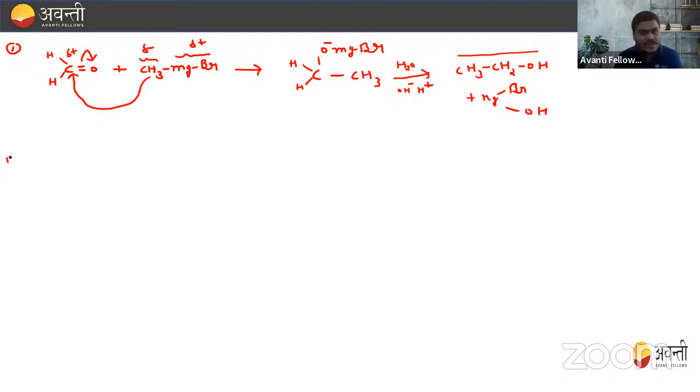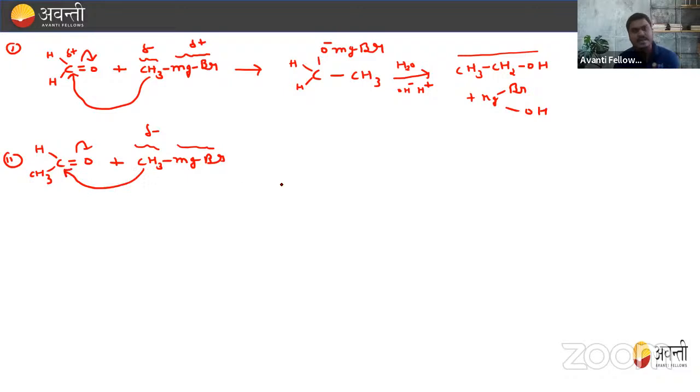Similarly, what happens if you treat an aldehyde? What is an aldehyde? That is CH3CHO. If you treat the aldehyde with the Grignard reagent, on the same mechanism, this CH3 of CH3MgBr acts as a nucleophile and wants to attack, just like the previous mechanism. So what will form, beta? This is H, this is again CH3, this CH3 attached to this carbon, and this becomes O, MgBr.